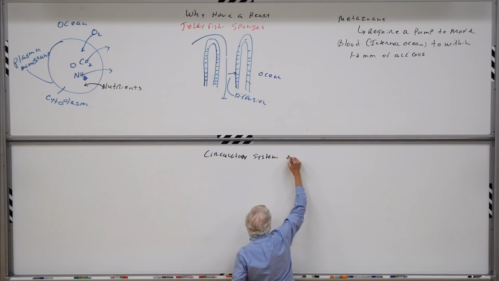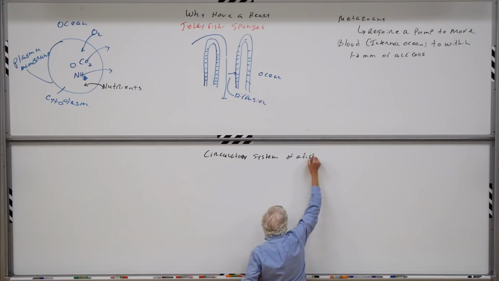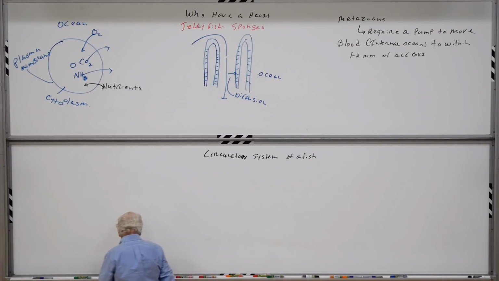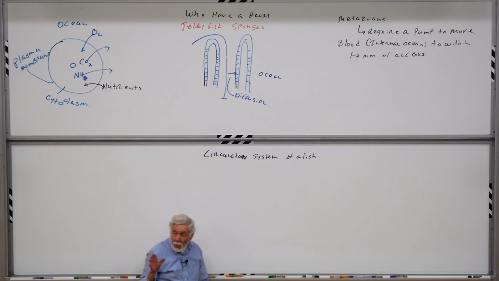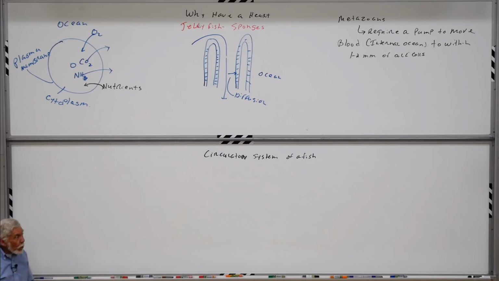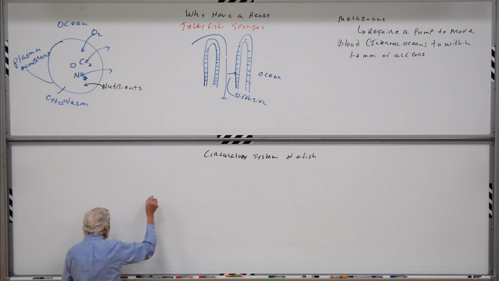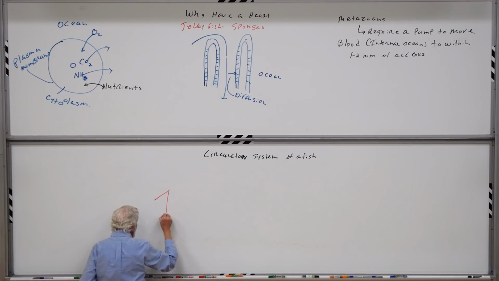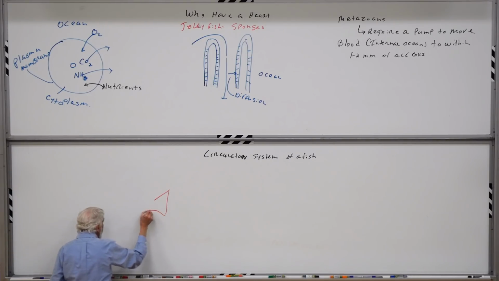Circulatory system of a fish. The story I'm going to tell you would be pretty much the same even for the jawless fishes like those primitive hagfishes, but we're going to draw something which looks more like a fish, or at least for me looks more like a fish, although these will be bad drawings.